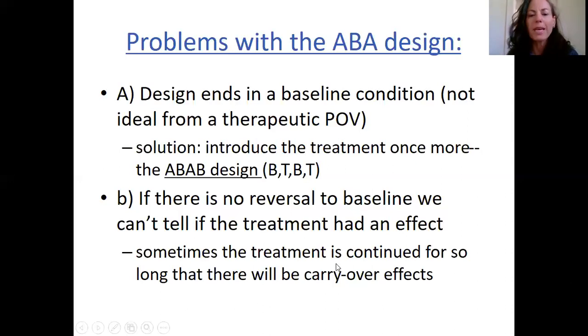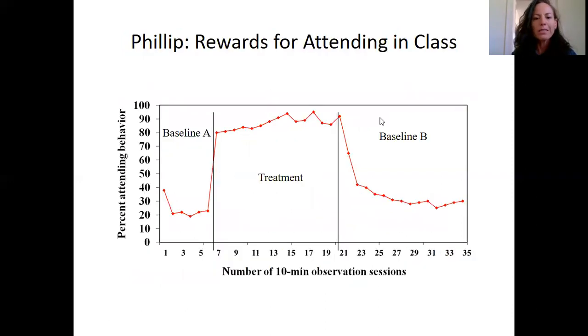Another problem with the ABA design is that if there's no reversal of the baseline, we can't really tell if the treatment had an effect, because the treatment may have a carryover effect into that second baseline. So let me go back to the previous slide and show you this. Let's say that this red line just stayed up under this baseline.